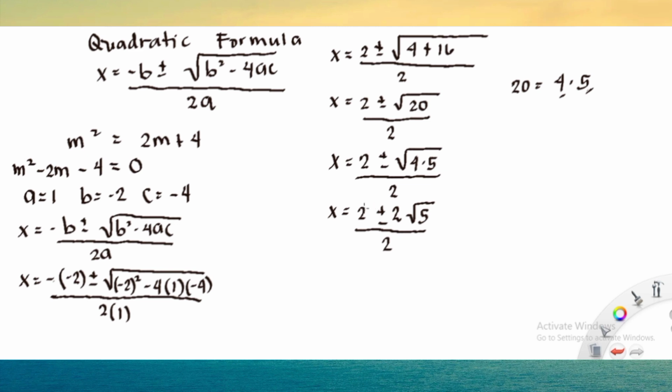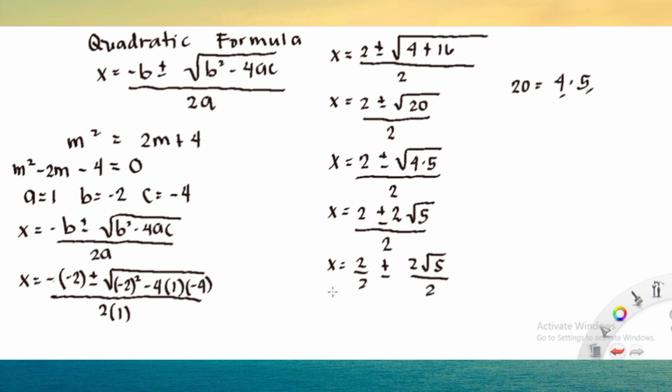Ngayon, ihiwalay natin itong dalawa, itong 2 tsaka 2 is square root of 5. Gawin natin silang all over 2 parehas. So, pwede yan isulat as 2 over 2. Okay, and then plus minus, ito naman. 2 is square root of 5 and then over 2 pa rin. Okay, pareho lang po yan dalawa.